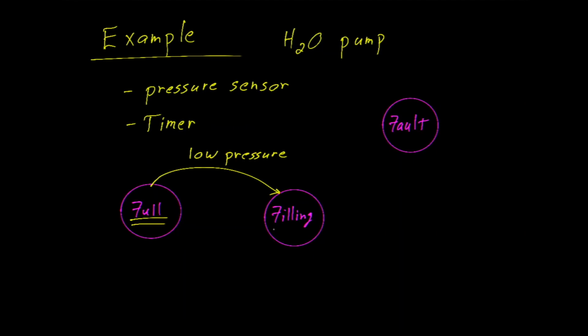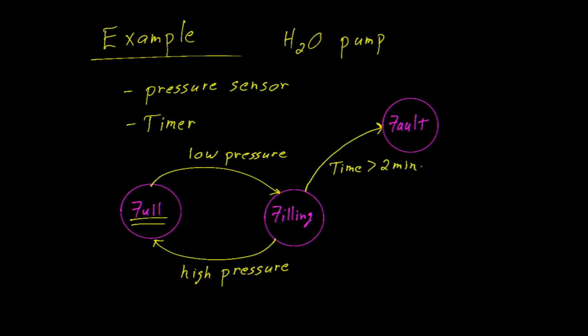When the pressure increases, the machine will transition back to full. However, while the tank is filling, if it does not fill within a prescribed time, for example, if it does not fill within 2 minutes, the machine will enter a fault state. Notice that there are no lines leading from the fault state back to the other states. That implies that the machine will stay in the fault state until it is power cycled by an operator.